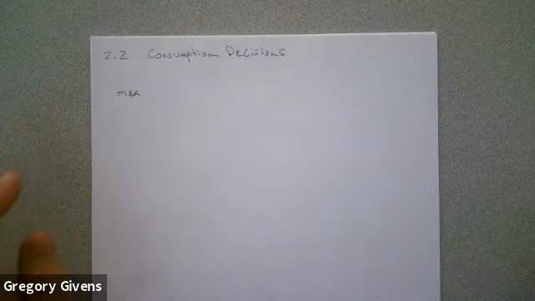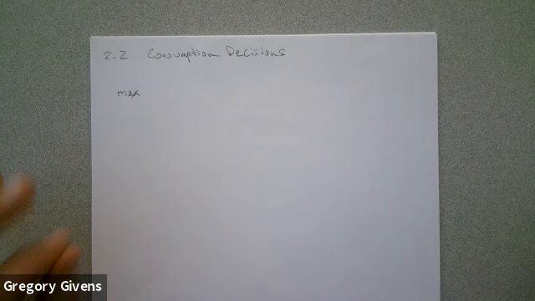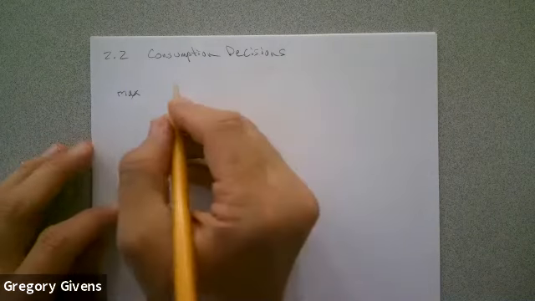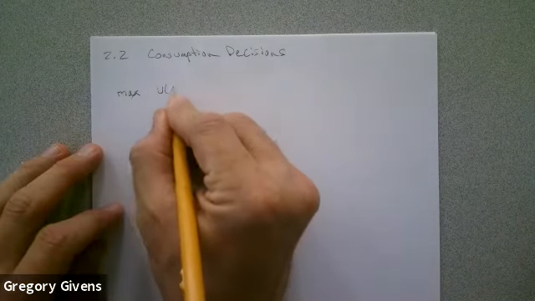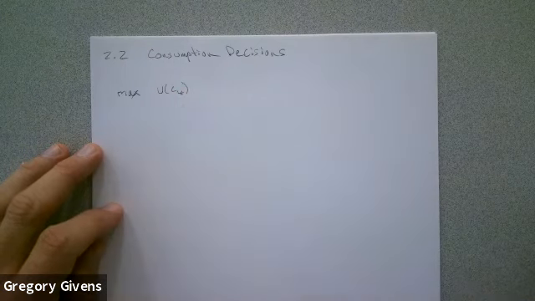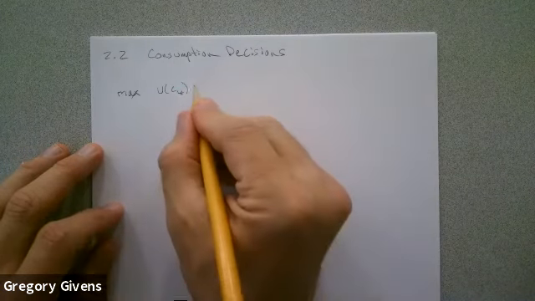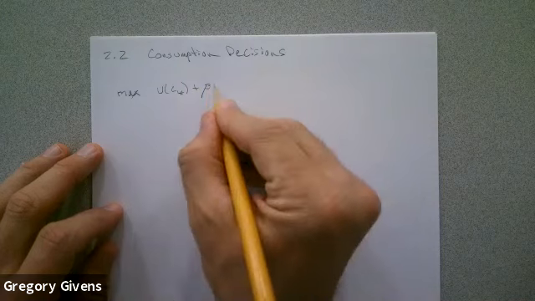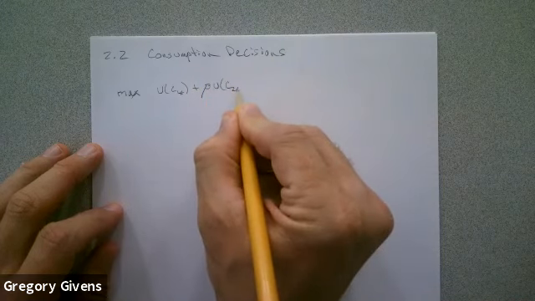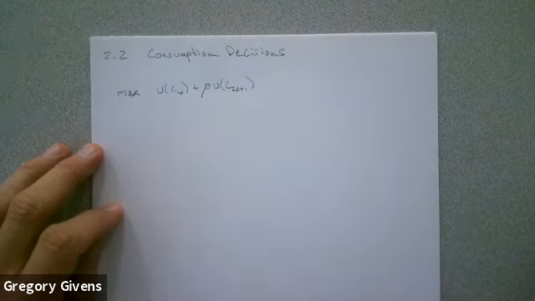That's your goal. If you're born at date t, you have some preferences and you're going to have some income by working. What you want to do is try to maximize your lifetime utility. Well, what is your lifetime utility? It's the utility over your first period consumption plus the discounted utility you get over your second period consumption.